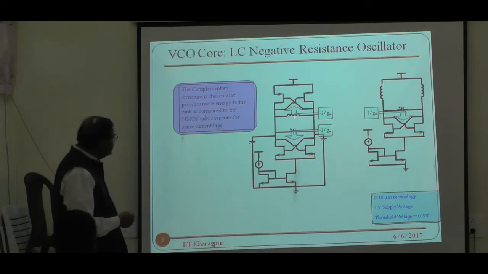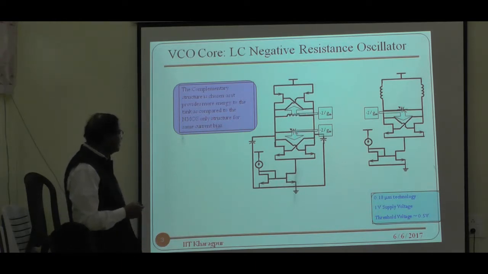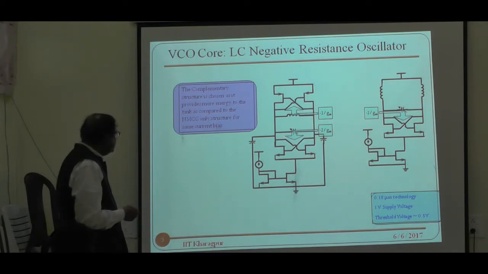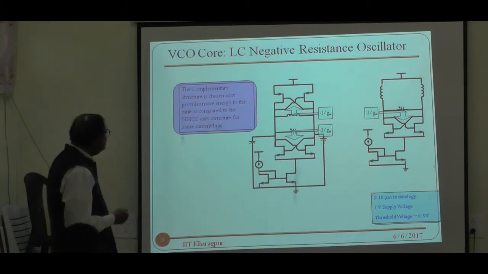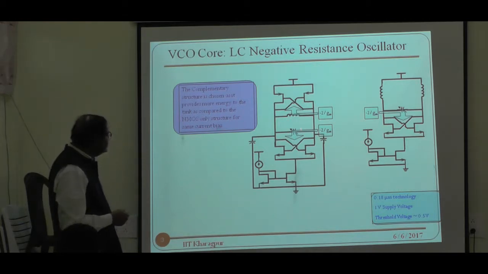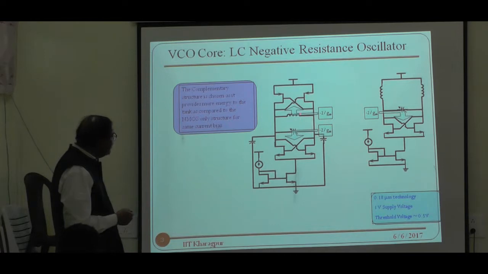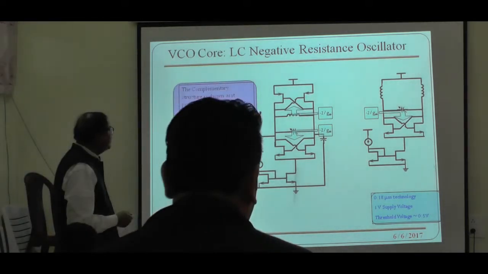When current flows through a positive impedance, there is power dissipation, heat dissipation, whereas the negative one generates. So there is some sort of generation and dissipation, so it is a self-sustaining block, and a self-sustaining block is nothing but an oscillation. That means you are introducing some sort of negative impedance. That is why you are having a cross-coupled pair.